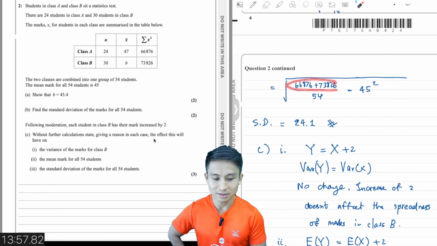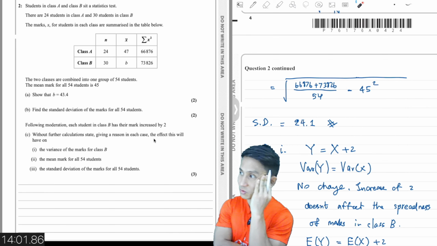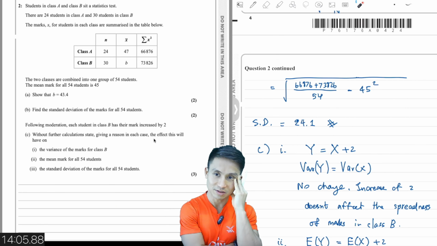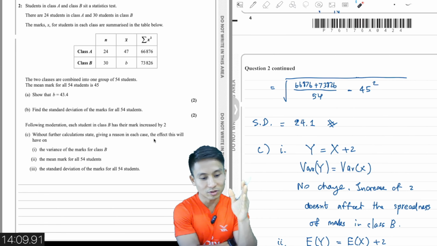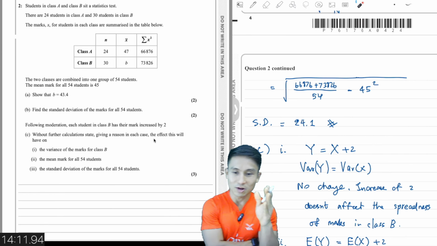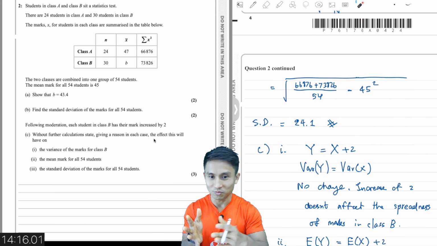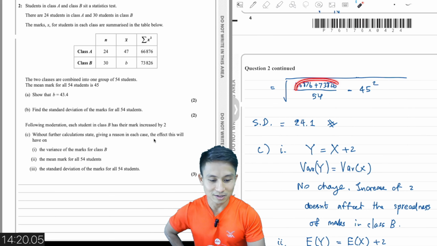The sum of x squared, the mean of squares will also be higher, because the sum of x squared would increase. But if you only calculate the standard deviation of B alone, it won't change, right? But when you put it in the context of another group, like group A here, this term will change, and this term will also change.